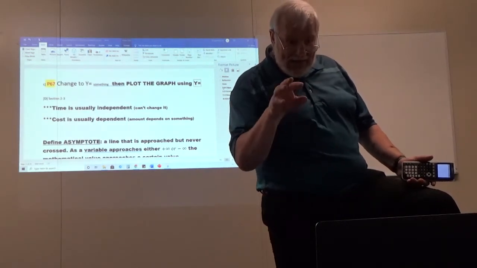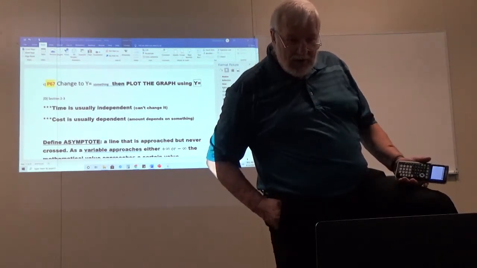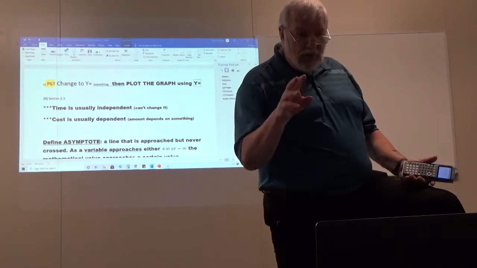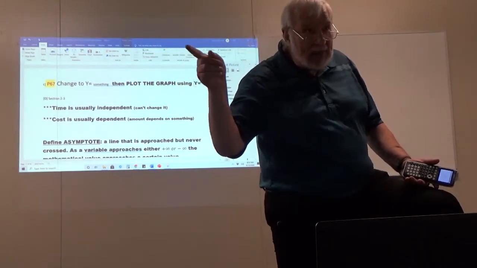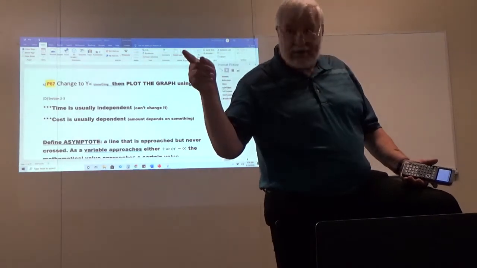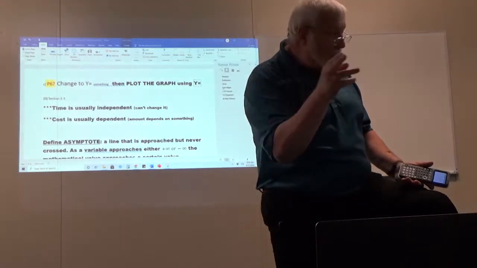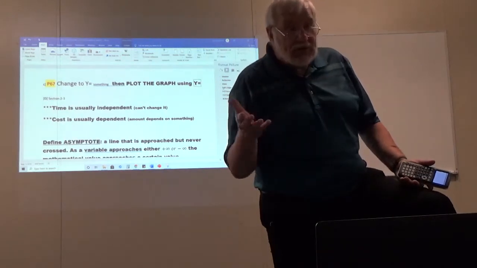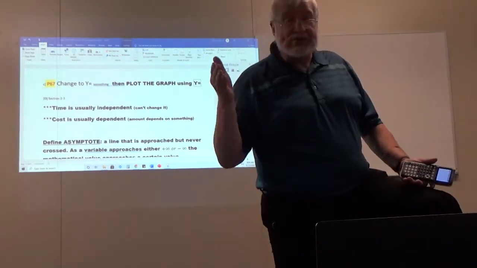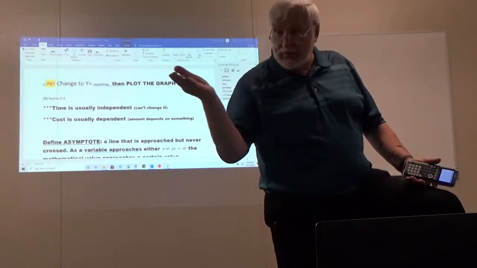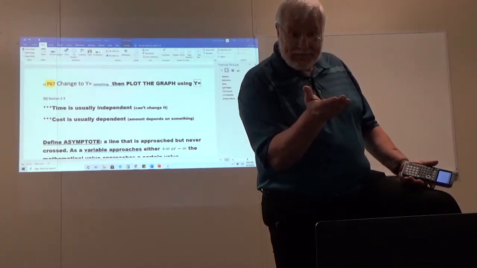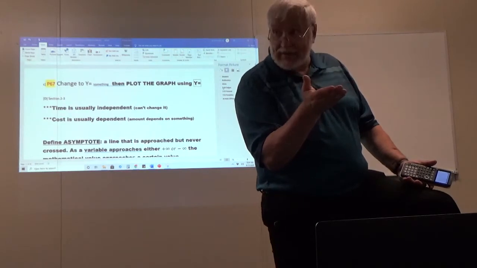Okay, so that's the function part. When you are looking at these graphs, time is normally independent because time moves regardless of what you're doing. Time is moving, right? So most of the time you'll find that the time measurement will be on the x-axis because it's independent.